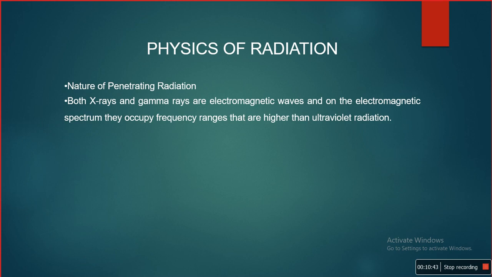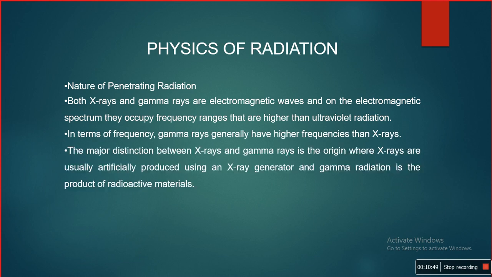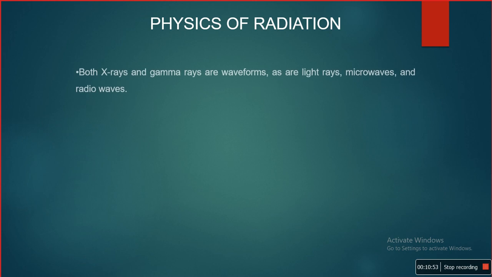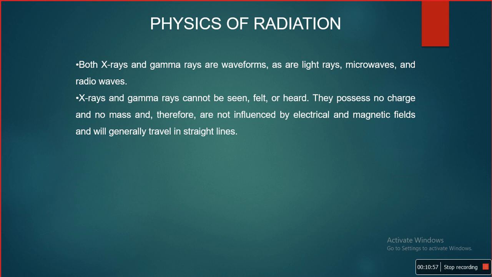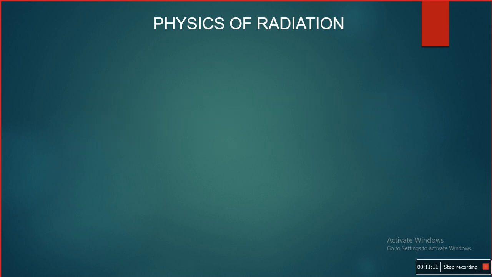So previously we have seen the physics behind the radiation. There are two types of rays, that is X-ray and gamma rays, which are a form of electromagnetic waves, and these X-ray and gamma rays cannot be influenced by electrical and magnetic fields. They cannot be felt, seen or heard by human beings, but they can be diffracted.